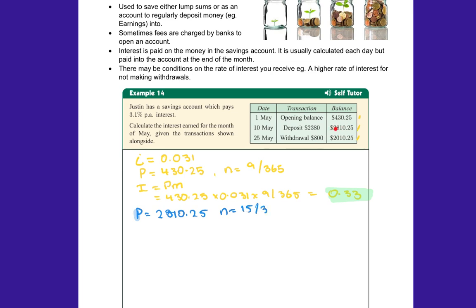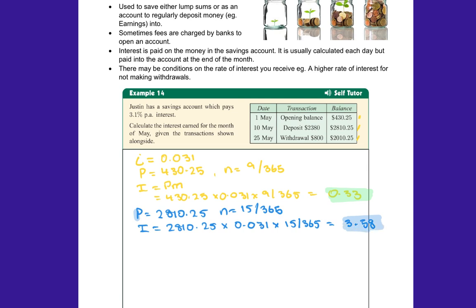So always working out on the balance. He's going to have it in there from 15 days till the end of the month. And the interest will stay the same. And he'll get $3.58 interest.